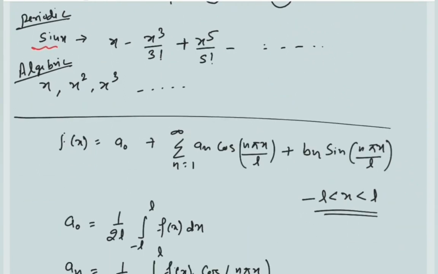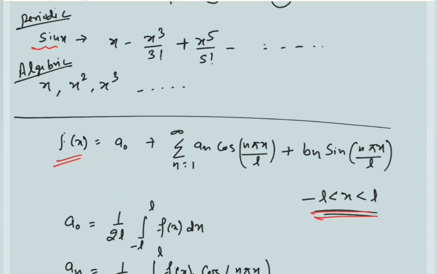So now we go to the representation of this Fourier series, how you write the expression for a Fourier series. Suppose f(x) is a function, we can write the Fourier expression for f(x). It will be a naught plus summation of n equal to 1 to infinity, a n cos n pi x by L plus b n sin n pi x by L, and the series is from minus L to plus L. L can be any value.